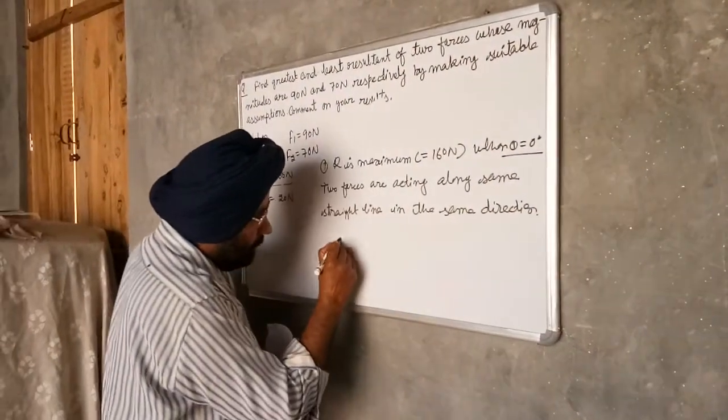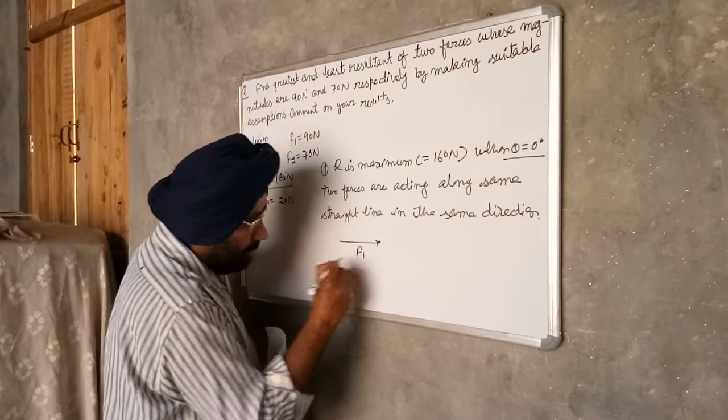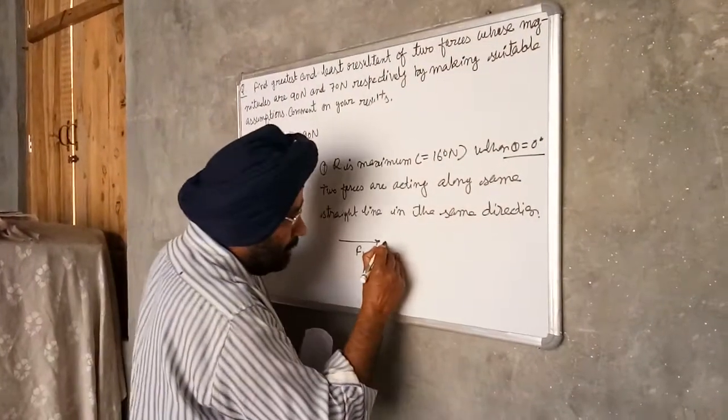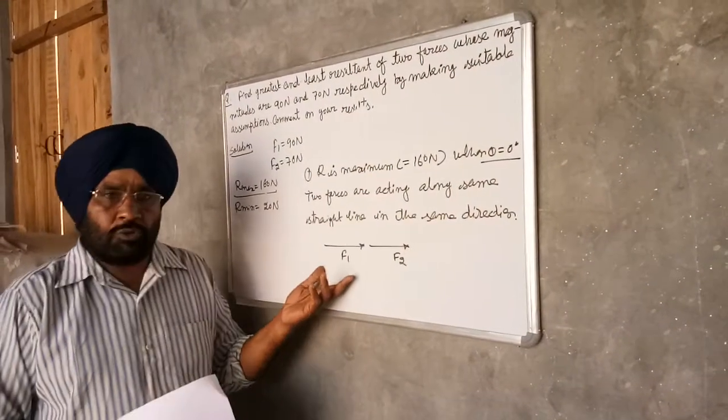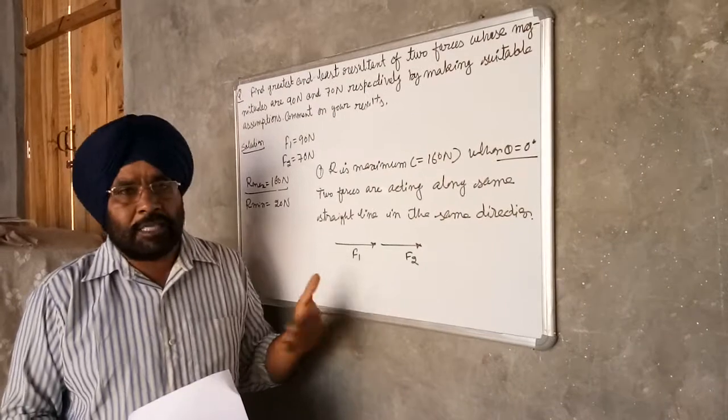So this is force F1 and the second force is F2. So the two forces act along the same straight line and in the same direction.